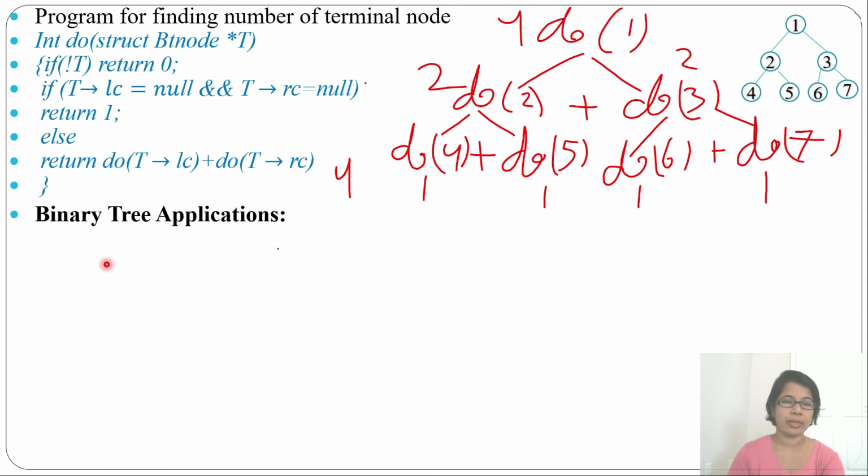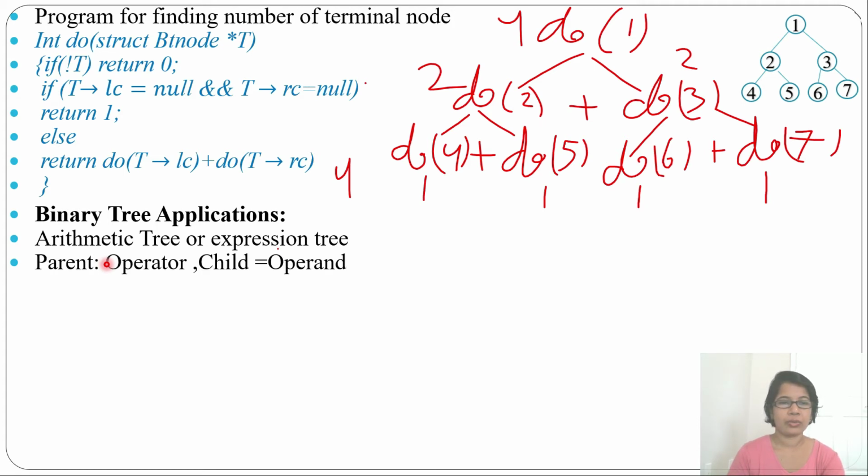Okay, next is binary tree applications. One application is the arithmetic tree or expression tree. Here the parent will be an operator and the child will be an operand. Let an example be a equals b plus c multiplied by d divided by e minus f power g power h plus i multiplied by j.